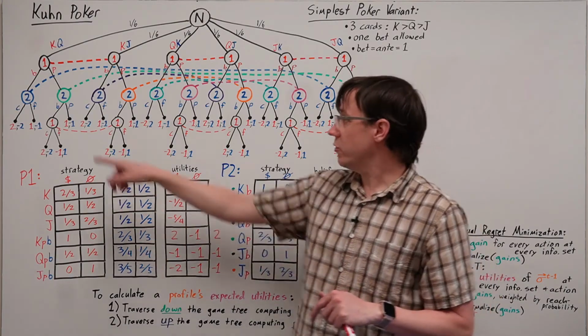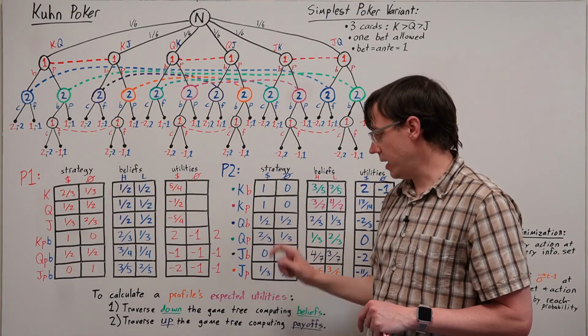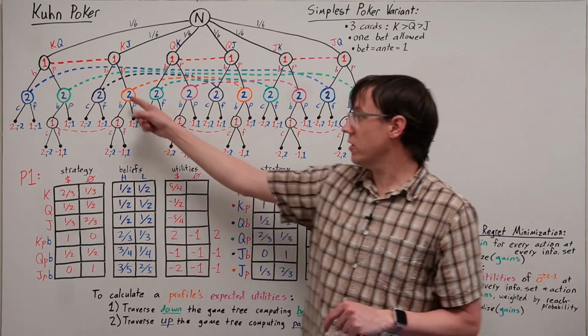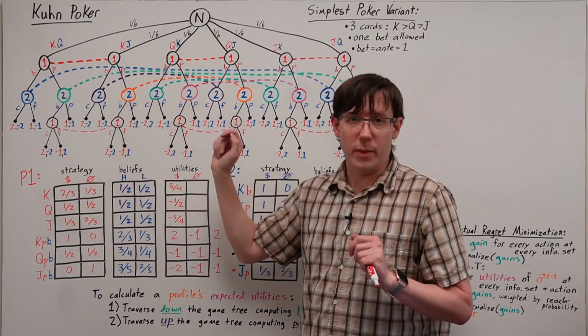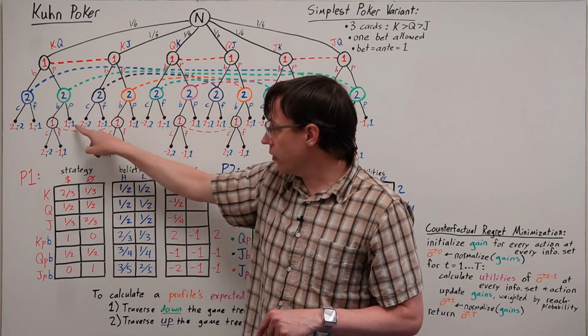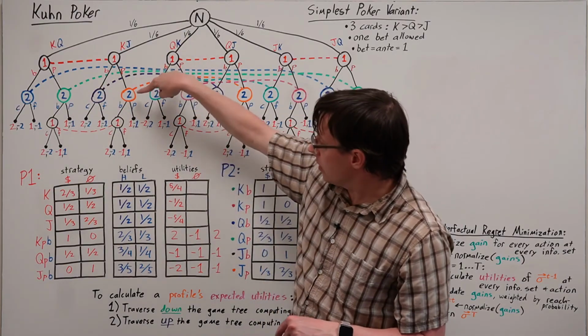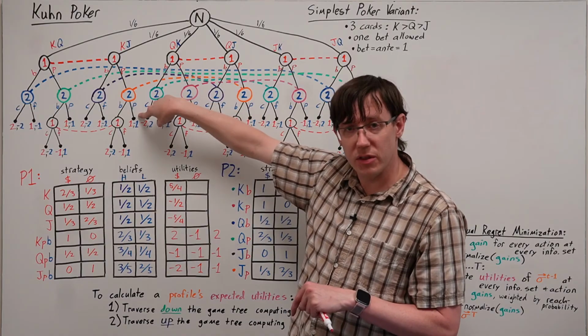And since player 2's strategy is to randomize 2/3, 1/3 at the green information set and 1/3, 2/3 at the orange information set, we know that there is a 1/2 times 1/3 probability of this outcome, and a 1/2 times 2/3 probability of this outcome.